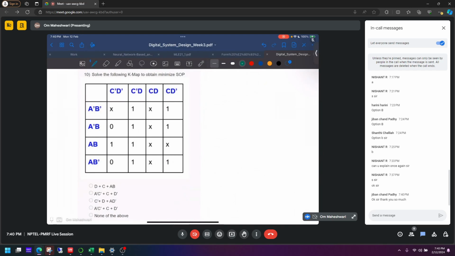Solve the following K-map to obtain the minimized SOP.